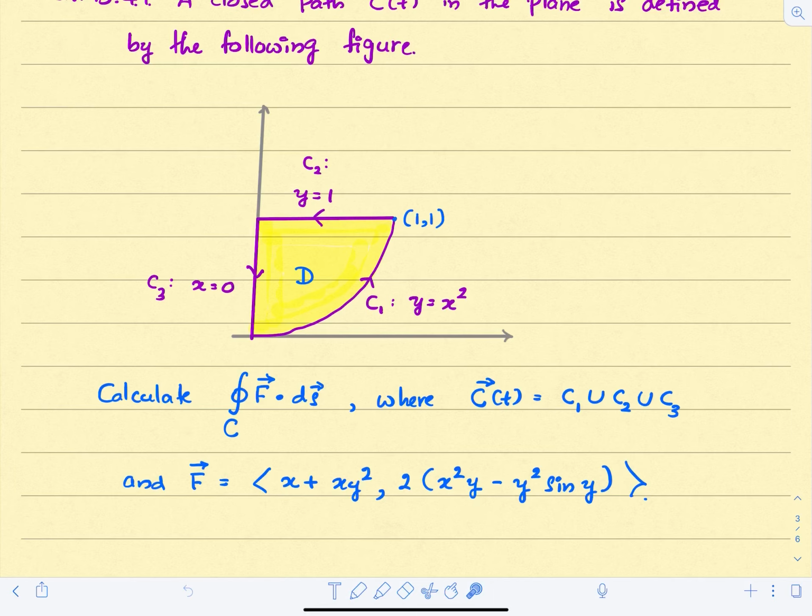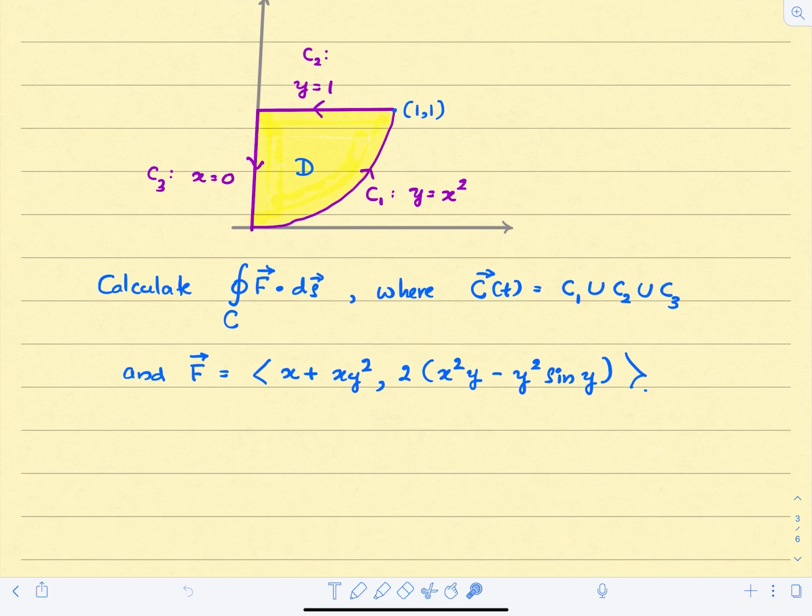Now if you want to evaluate this line integral using the technique that we developed in chapter 13.2, we have to evaluate three different line integrals. But what we can do is apply Green's theorem, because here we have a closed curve, therefore we have a domain bounded by those three curves.